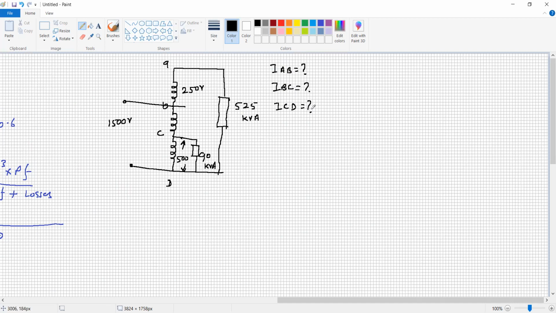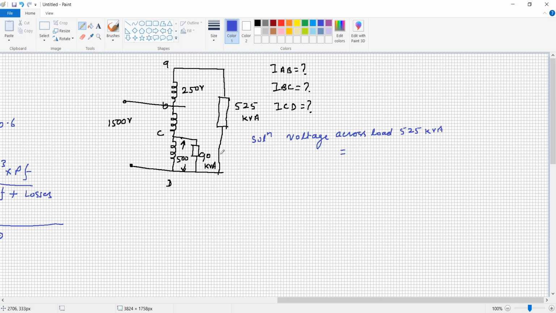So what would be the procedure? Voltage across load. Therefore, we'll try to solve this one. Say this is the voltage across the 525 kVA load. What would be the total voltage?